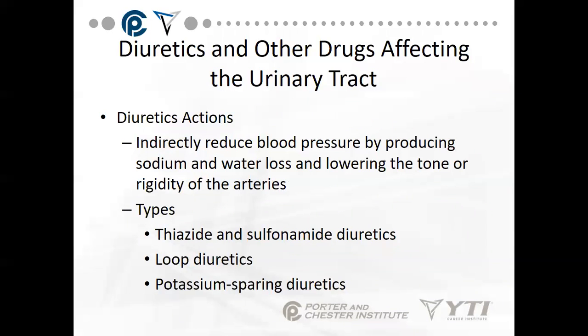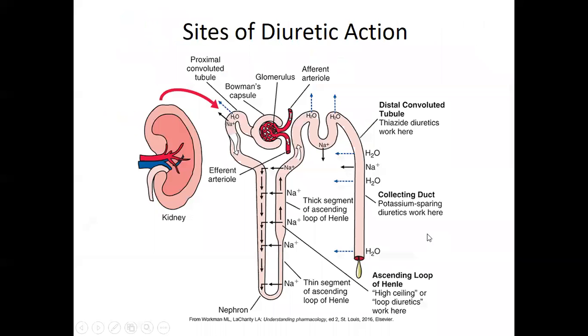The thiazide is going to be the thiazide diuretics. The sulfonamide, this right here, are thiazide-like sulfonamides. Here the loop diuretics, and you have the potassium-sparing diuretics. It's going to be 4 main categories, and you'll see that better in your book than on what's on the slide.